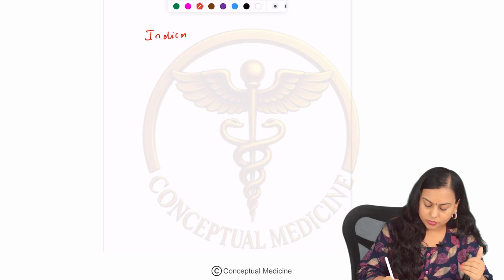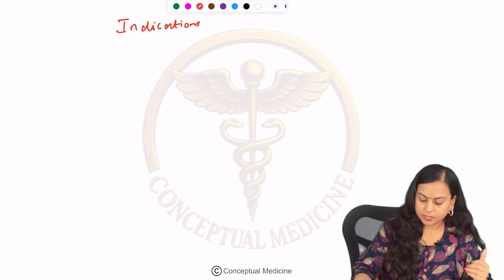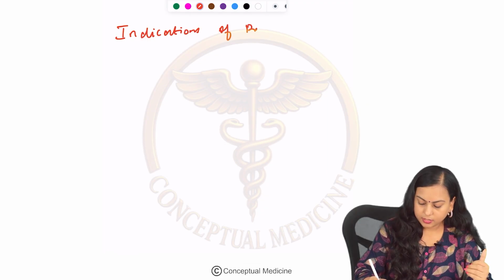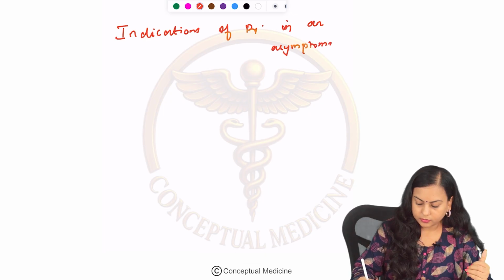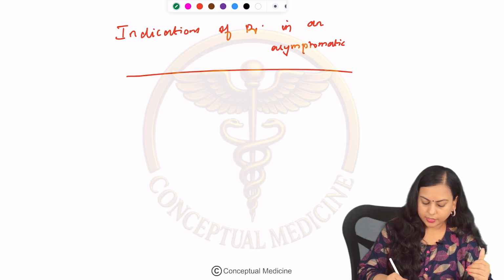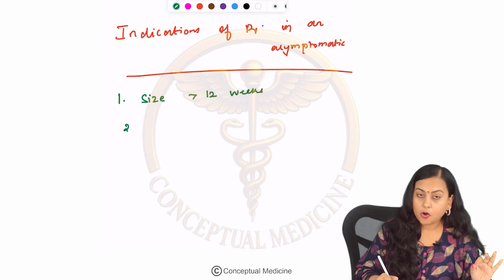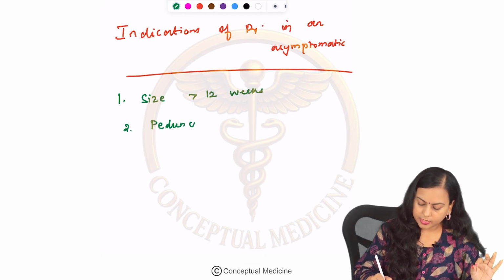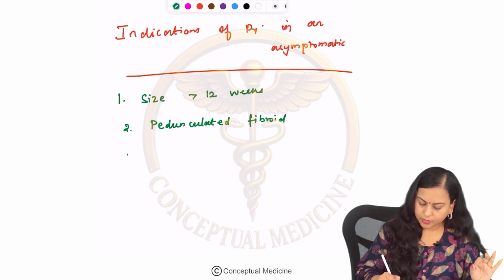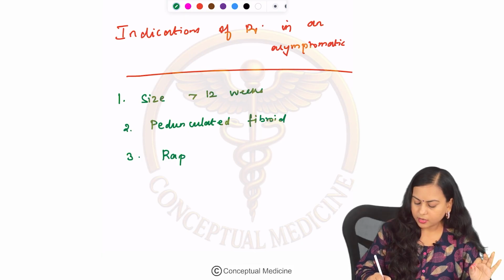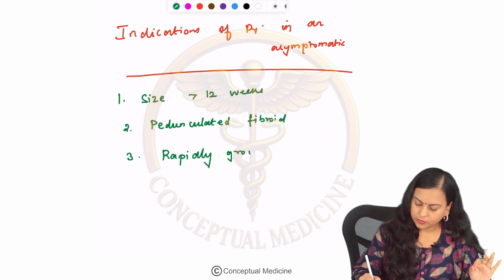So the indications of treatment in an asymptomatic fibroid will include, first, the size: when the size of the fibroid is more than 12 weeks in size, or, as we have seen, there is a risk of torsion, that is when it is a pedunculated fibroid, or it is a rapidly growing fibroid.